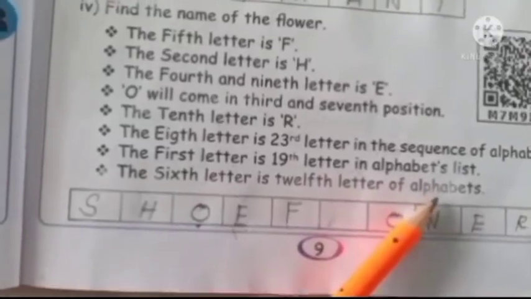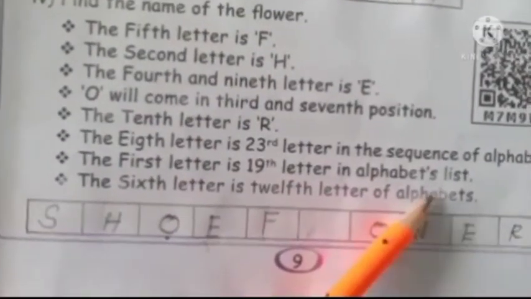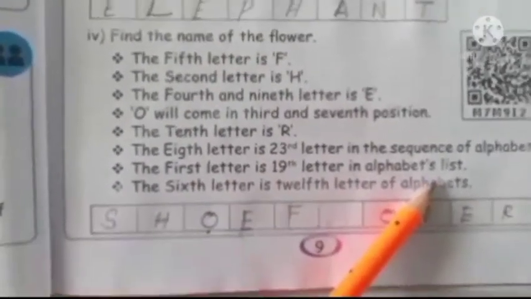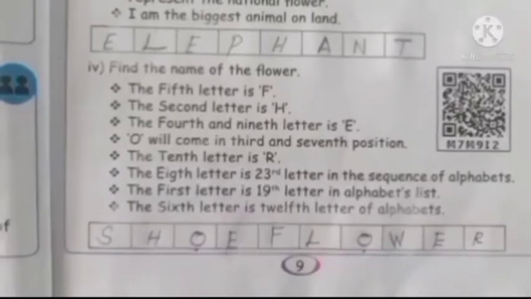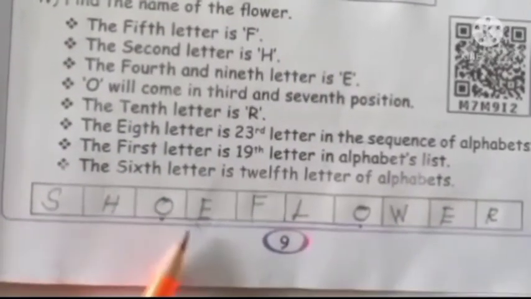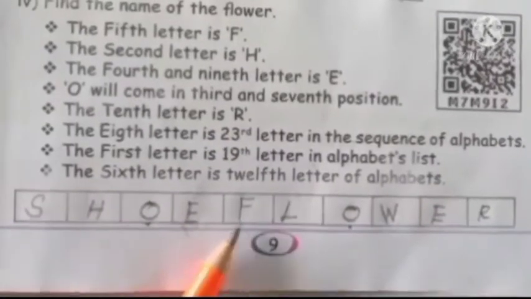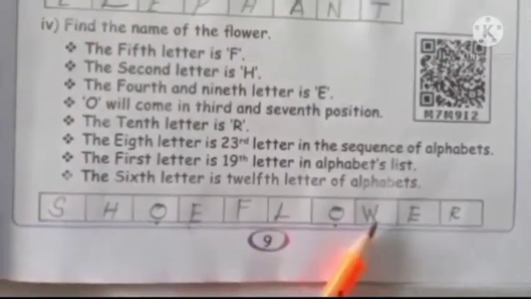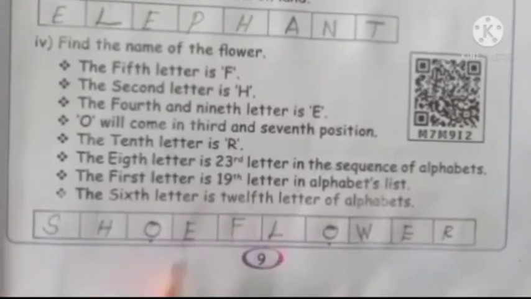The 12th letter in alphabets is L. So, we have to write L in 6th place. The answer is S-H-O-E-F-L-O-W-E-R. Shoe flower.